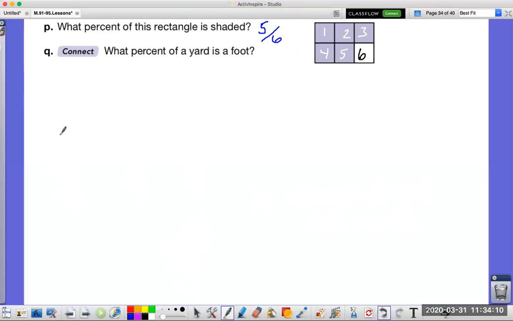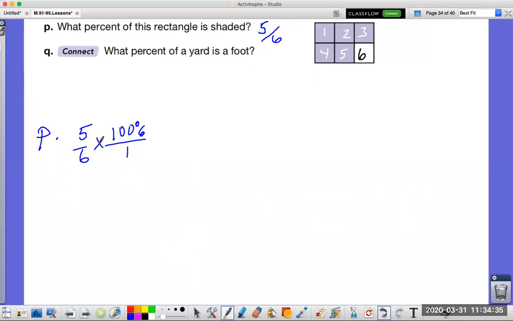How do you change that to a percent? You just have to take 5/6 times what? 100%. And that's over 1. I see both of these are divisible by 2. I could do something with that if I wanted to. This would change to 50 and this would change to 3.